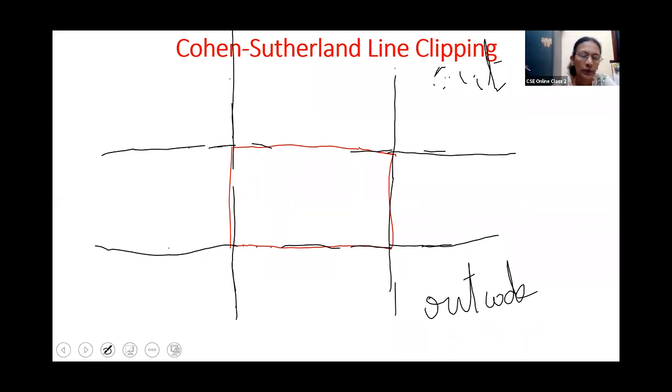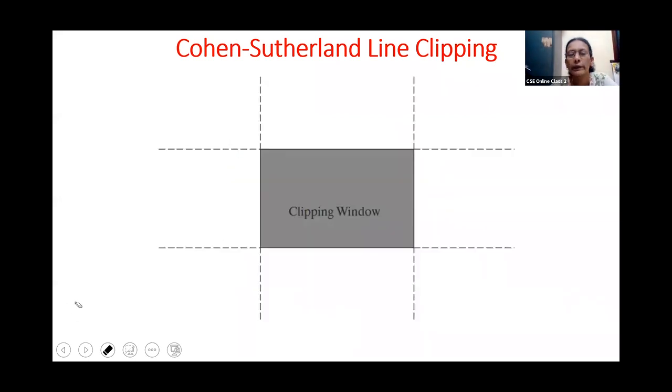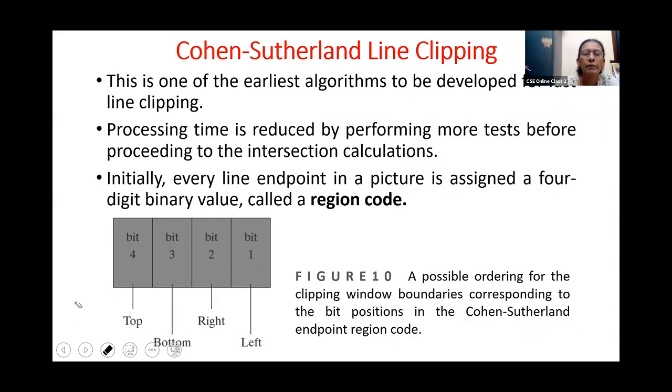Now, how is this code given? This code consists of 4 bits: B4, B3, B2, and B1.